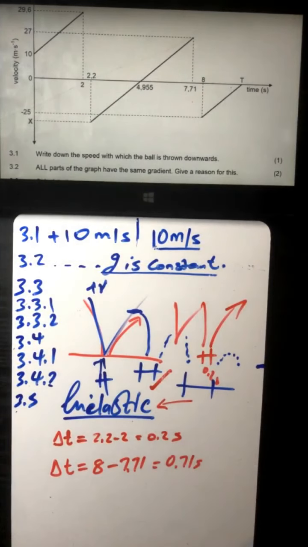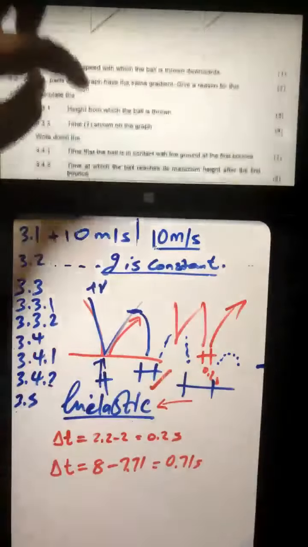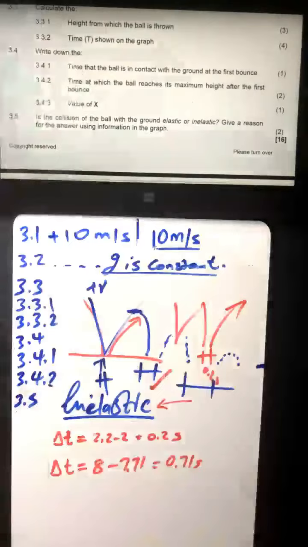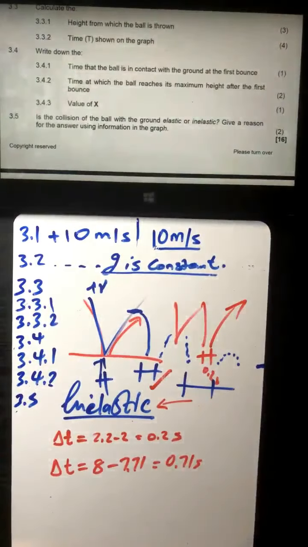So Mr. D, I'm not sure if that is the question. Yeah, my question, what if the question said calculate? How am I going to calculate? If the question really says calculate what? Calculate the time it takes before it breaks.